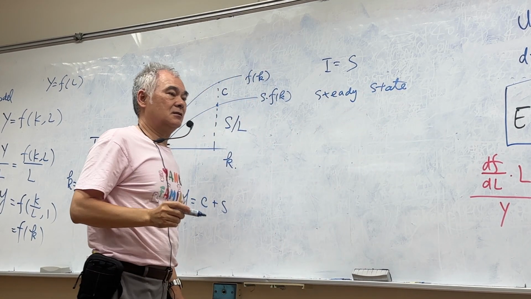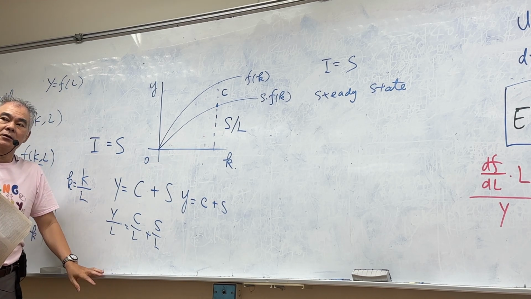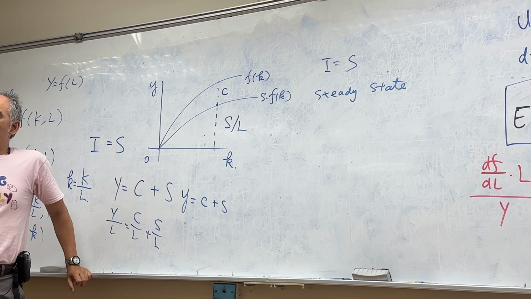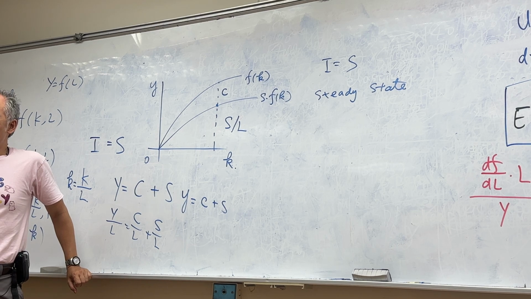What is steady state? In each economy, we use machines, and a machine will have depreciation. Suppose every year you make up for the depreciation. It means you can have a steady state.